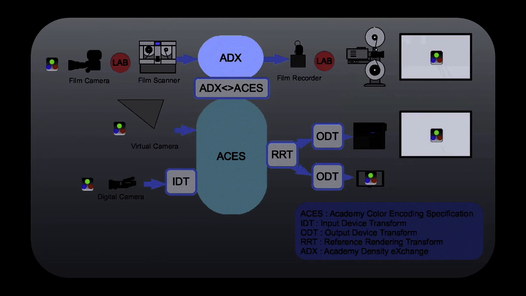Here we'll take, for example, a Red camera, a Sony camera, and an ARRI camera, and put all of them on the map so that if they shoot the same scene, they will shoot the colors in the same place. That won't transform one camera into another camera. That's not the purpose of it.